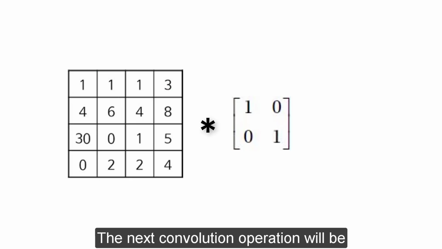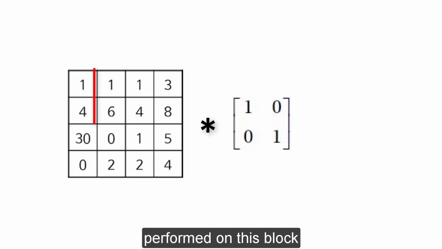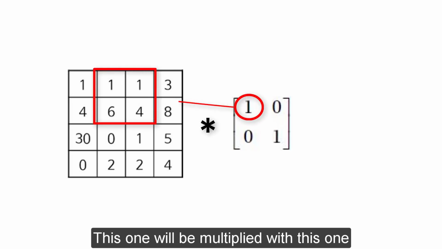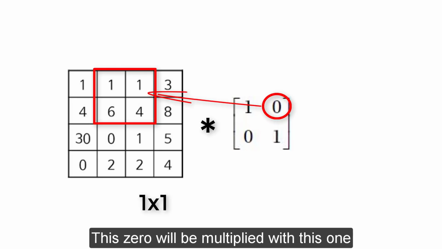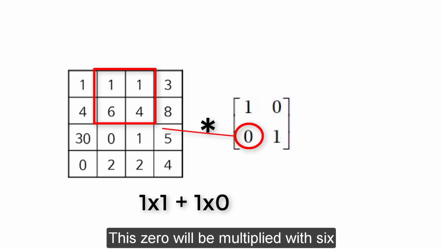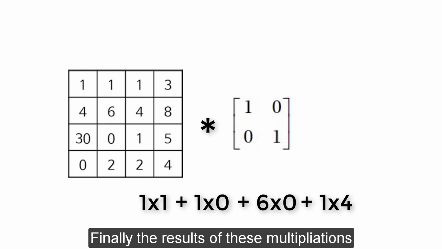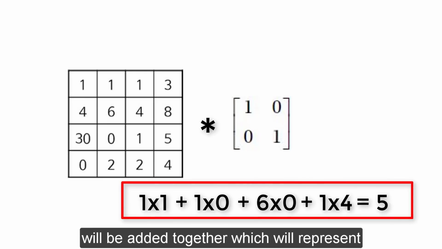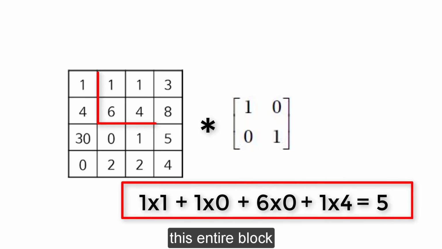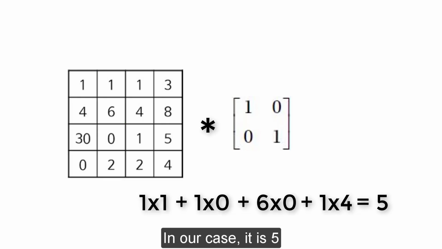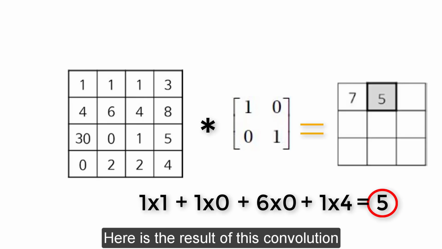The next convolution operation will be performed on these blocks. This 1 will be multiplied with this 1. This 0 will be multiplied with this 1. This 0 will be multiplied with 6, and 1 will be multiplied with 4. Finally, the results of these multiplications will be added together, which will represent this entire block. In our case, it is 5. Here is the result of this convolution.